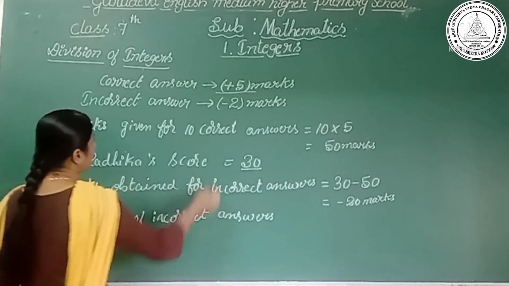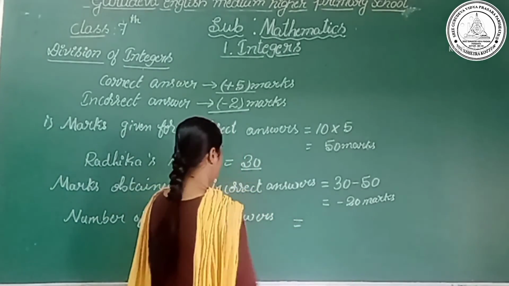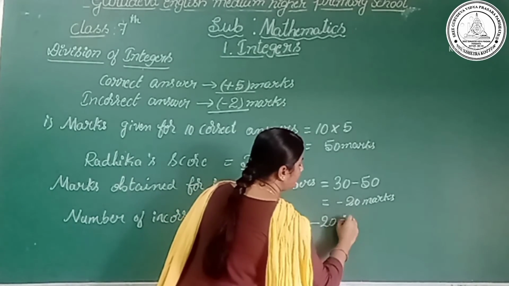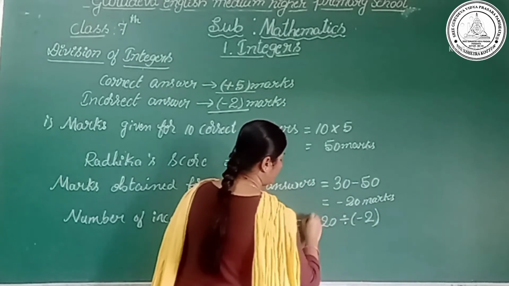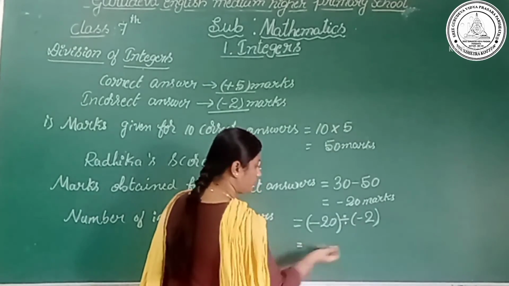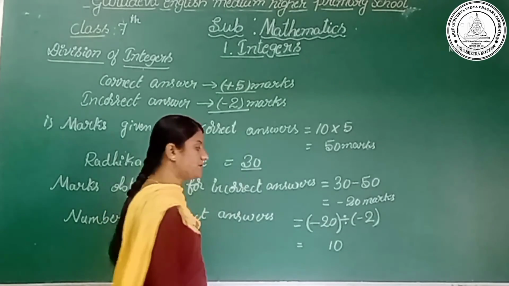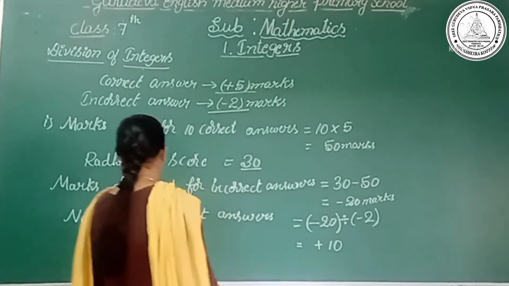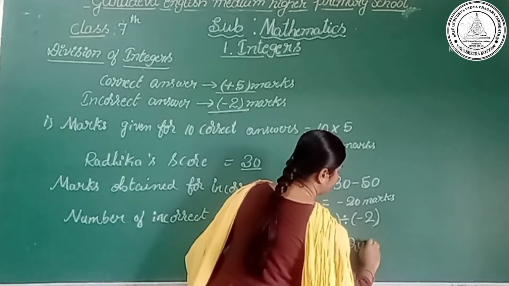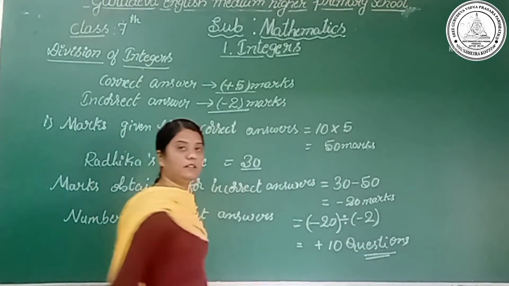We know that for every incorrect answer they give minus 2 marks, so the marks obtained for the incorrect answers, minus 20, divided by minus 2, right? Minus 20 divided by minus 2 is equal to, 2 how much are 20? 2 10s are 20, minus divided by minus is equal to plus. So totally the number of incorrect answers is 10 questions.